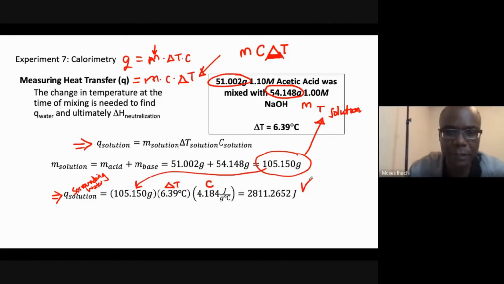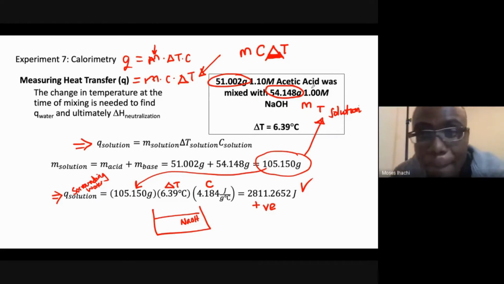You get that value. So notice that it's positive. And we expect it to be positive because the water gained heat energy from the reaction between acetic acid and sodium hydroxide.